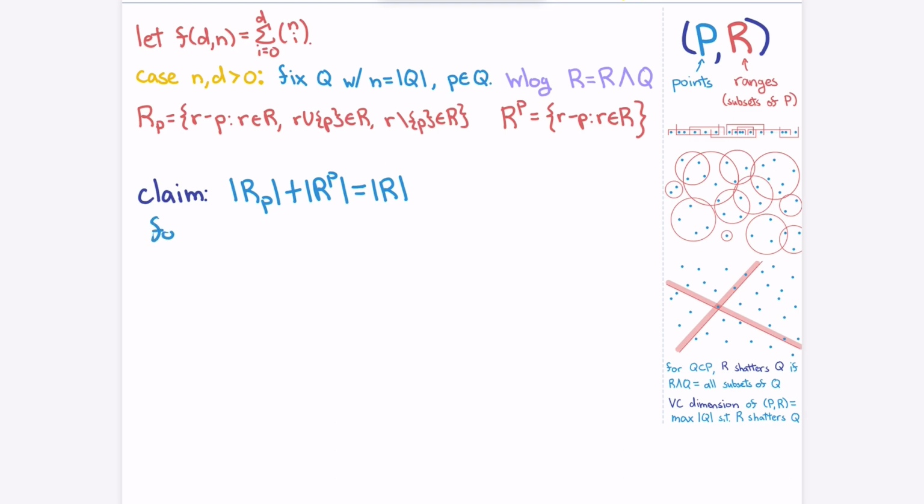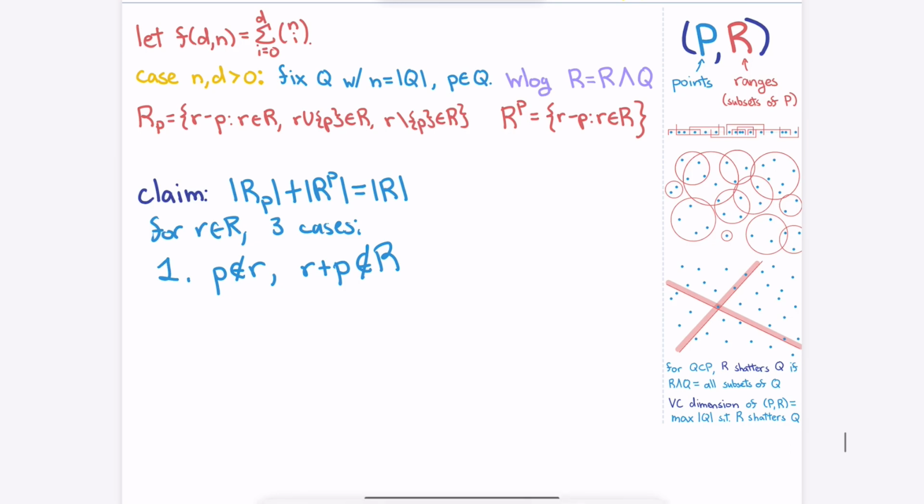I would say something like, for R, we have three cases. Case one, P is not in R, so this set already excludes P. And if I had added P to the range, it would not be in the original range space. And that would imply R is in too many R's.